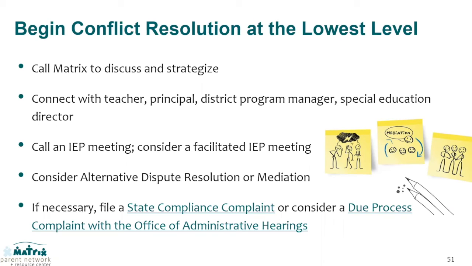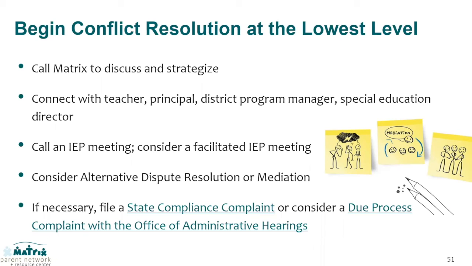If you need to, there is a state compliance complaint process. That's if there are things written in your child's IEP that are not being done, it's not being carried out as written, or if you think there's a problem with things like timelines not being met, you can go to the State Department of Education website and file a complaint.